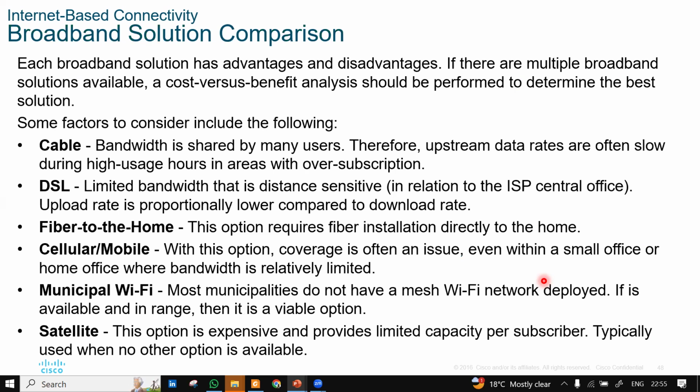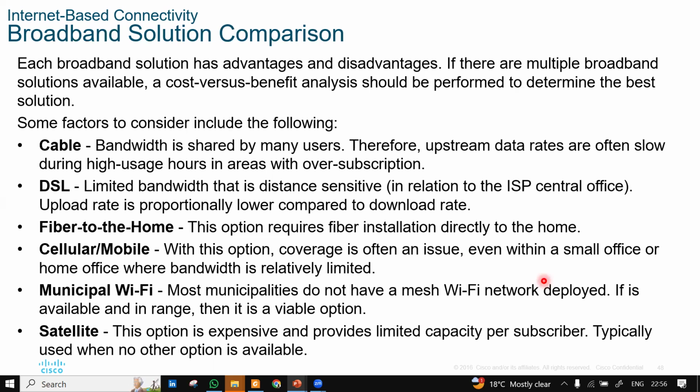Therefore, upstream data rates are often slow during high usage hours in areas with oversubscription. With DSL, it has limited bandwidth that is distance sensitive. Upload rate is proportionally low compared to the download rate. Fiber to the home, that one is perfect. I don't think it has disadvantages compared to everything else on that list.